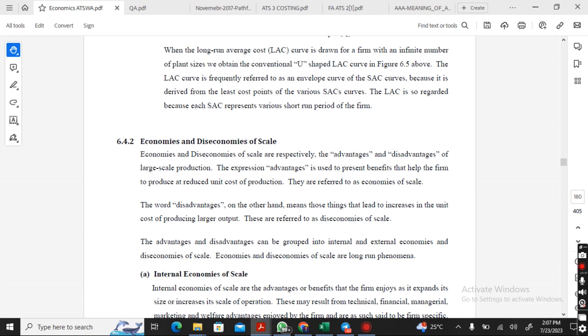So we have economies of scale, and economies of scale is the cost advantage a company gains from increasing their output, reaped by companies when production becomes efficient. Are you with me?